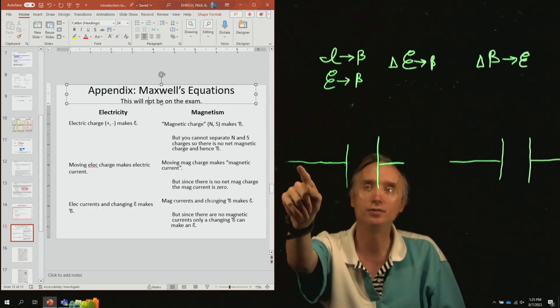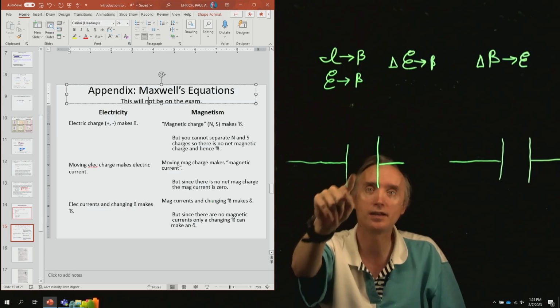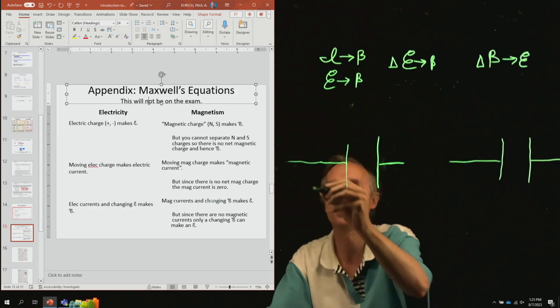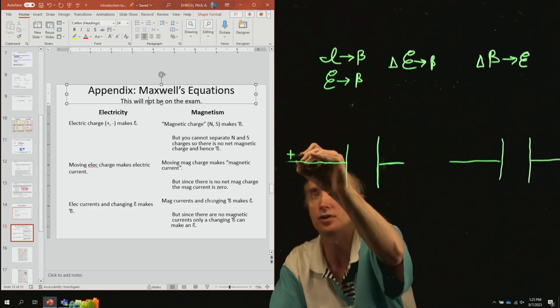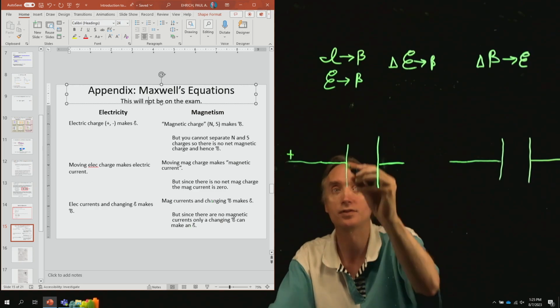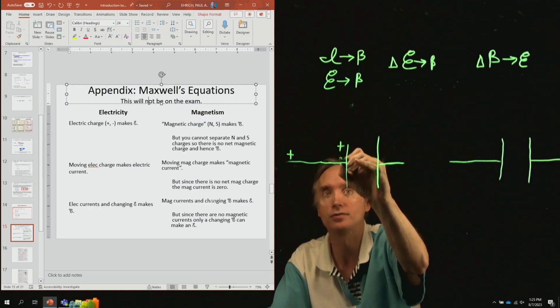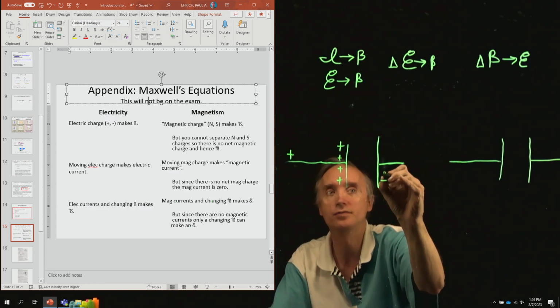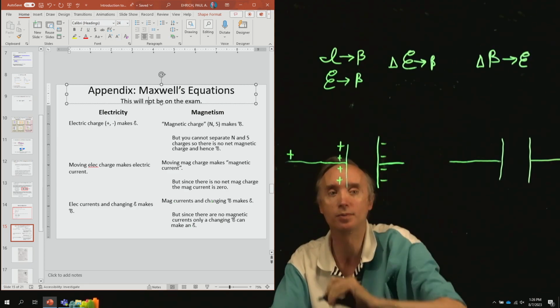So imagine that you've got a wire and you're going to attach it to a capacitor. And then let's pretend that you've got positive charges flowing in the wire. So that means that positive charges are going to appear on this plate, and then negative charges are going to appear on this plate.